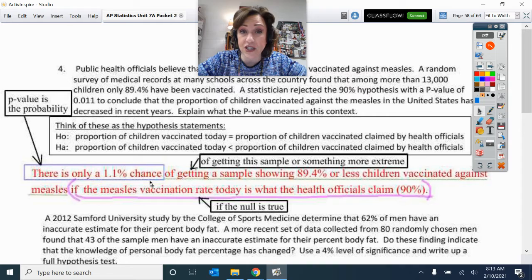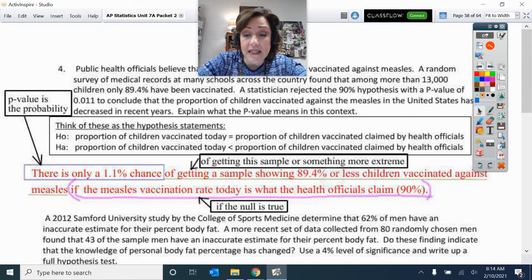If the measles vaccination rate today is what health officials claimed, that was what the null hypothesis said, if the measles vaccination rate is 90%, then there was only a 1.1% chance of getting a sample showing 89.4% or less children vaccinated against the measles.